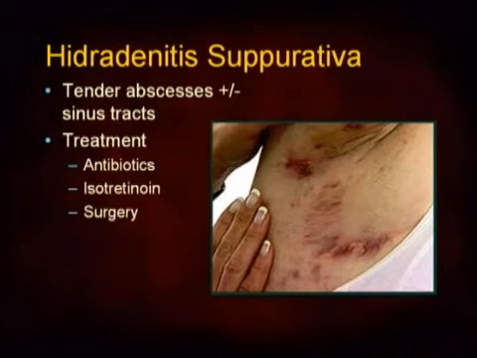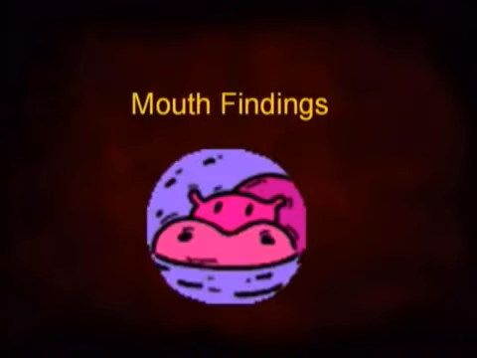Isotretinoin, so again, a systemic retinoid, is sometimes helpful, but unfortunately doesn't work great for every patient. And surgery tends to be a last resort, but a very effective one. So often patients have wide excisions of axillary tissue or groin tissue in order to get rid of this process.